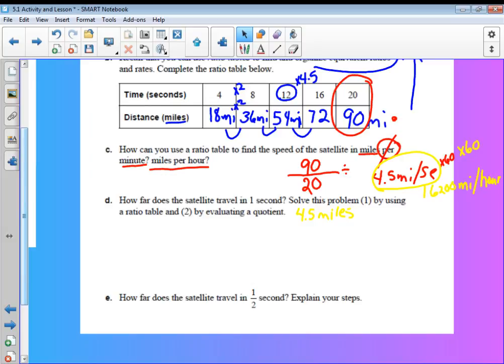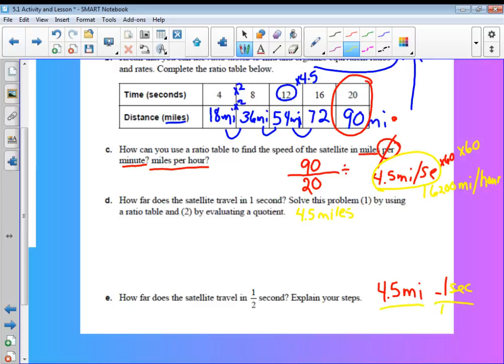Letter E says, how far does the satellite travel in half of a second? Within 1 second, it can travel 4.5 miles. How far could it go in half of a second? We could either set it up as a rate, matching labels, and cross multiply and divide, or we could just split that.